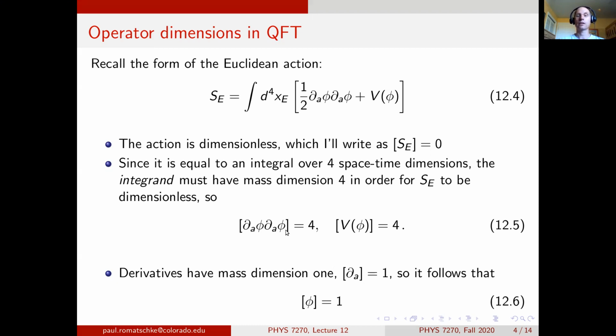If you plug this into the left-hand side of equation 12.5, we have 2 derivatives appearing here, that's mass dimension 2, and 2 fields which basically have to together make up the mass dimension 4. So we subtract the 2 mass dimensions on both sides, and then we find that the field phi has to have mass dimension 1.